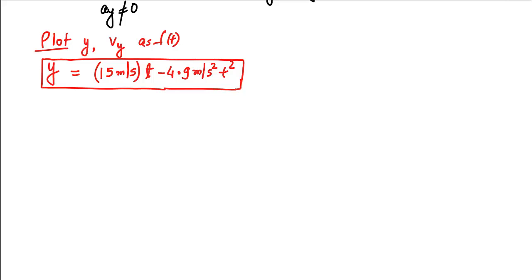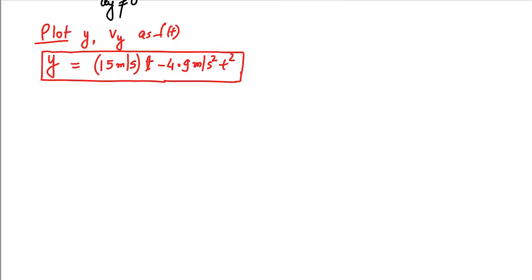How can we plot? Let us say this is my y-axis and this is my x-axis. On the x-axis I have time, on the y-axis we have the distance of the ball from the origin. Now this is an equation of a parabola.